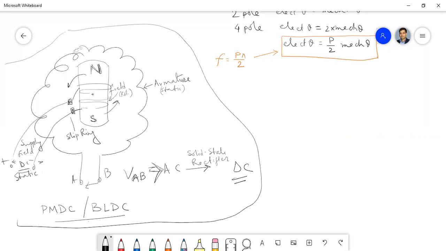Not as a generator, but as a motor, this type of construction is also available, where the field system is rotating but the armature is static. It is called either a permanent magnet DC machine or a brushless DC machine. Okay. So I think you have understood where we should use slip ring and where we should use brush and commutator arrangement.